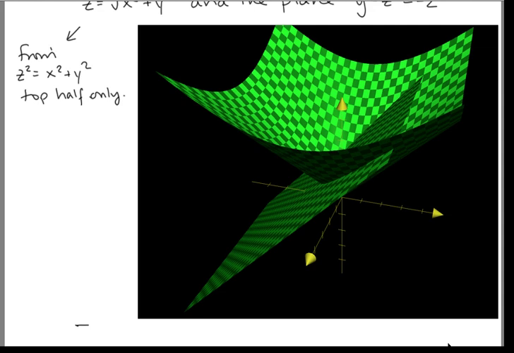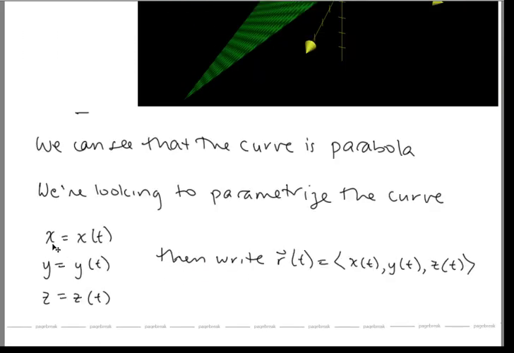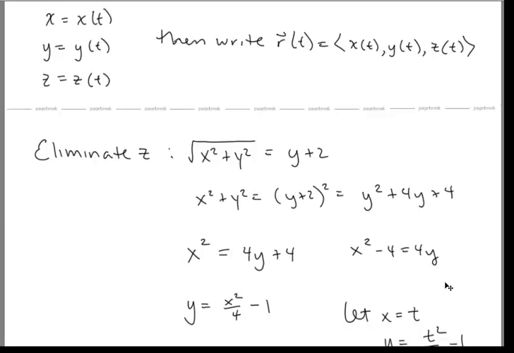Now we want to find a parametrization for that curve of intersection. We're looking to find x equals x of t, y equals y of t, z equals z of t, functions that describe the set of points, and then we're going to talk about the position function or the vector function, r of t, with those component functions. So we want to start by eliminating z and finding a relationship in x and y.